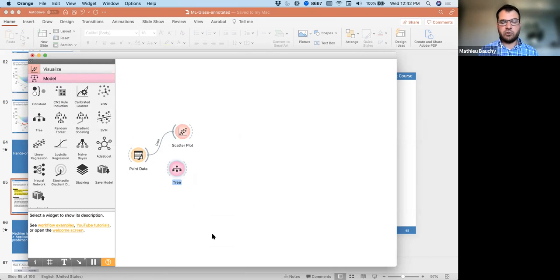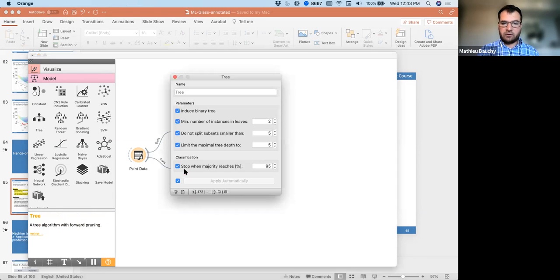Here what I'm going to do is to train a tree model that learns whether a glass is red or blue, depending on its composition, depending on the value of X and Y. If I want to train this model, I just need to connect those two things. And now this tree model is going to be used to predict whether the glass is blue or red.